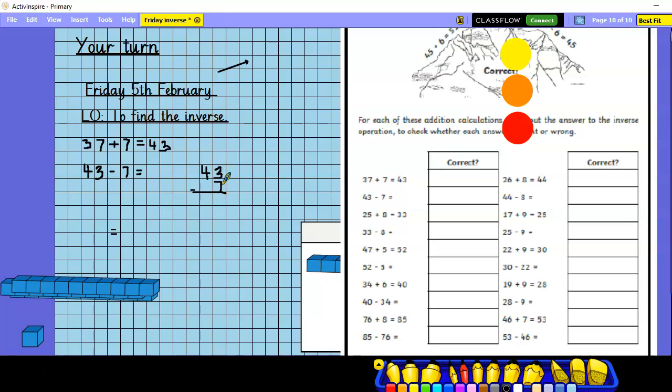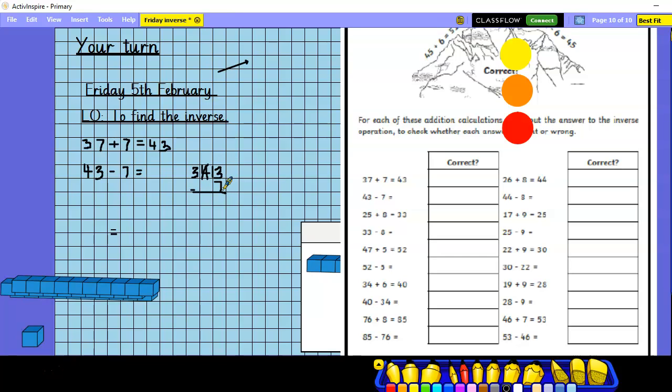3 take away 7, I can't do it. I'm going to need to borrow one from here. So I've got 4 tens, but 3 is in the tens column and 1 is in the ones column. 13 take away 7. So I've got 13 in my head, 7 on my fingers.